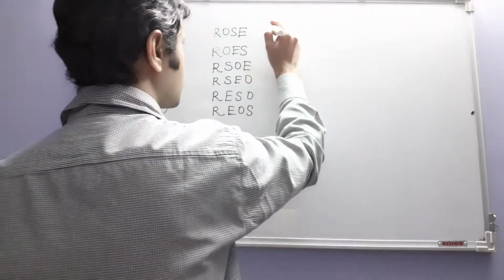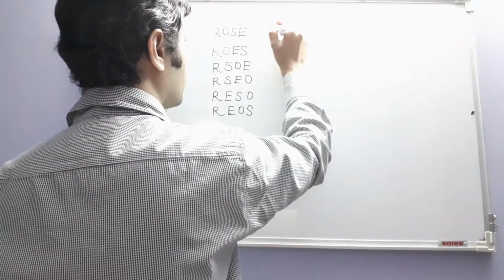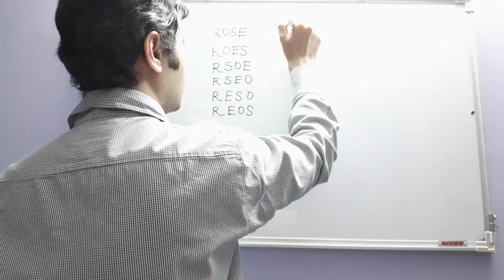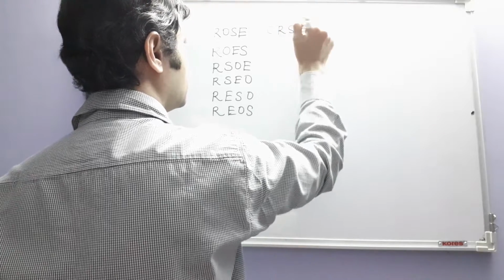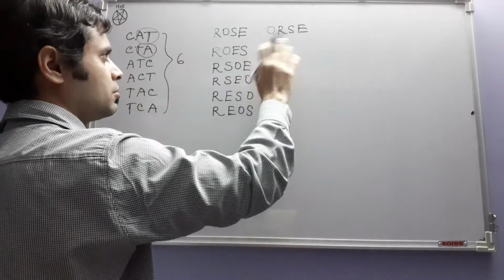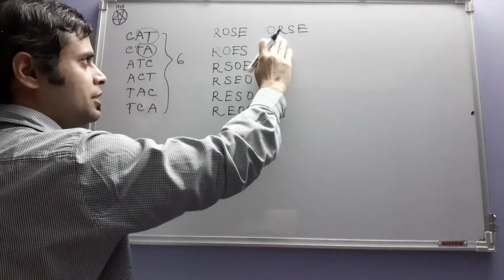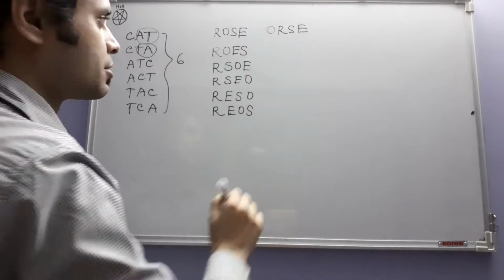So say I can start with O. Then I will be left with R, S and E. Then I change the positions of these 3 letters, keeping O fixed.